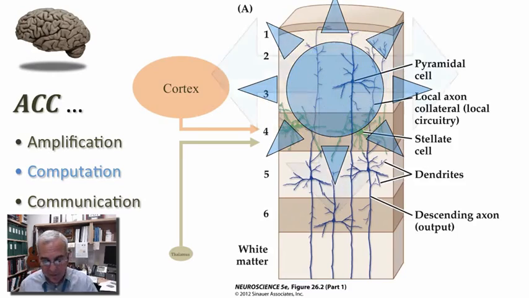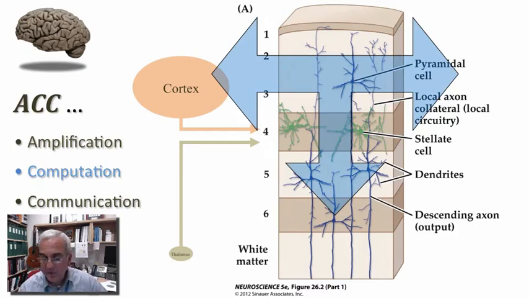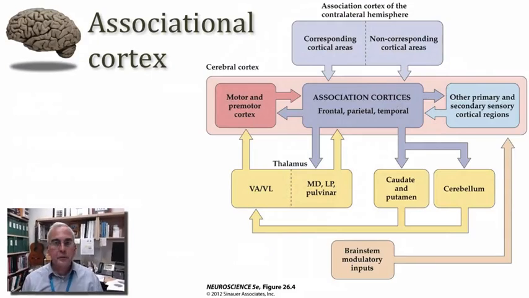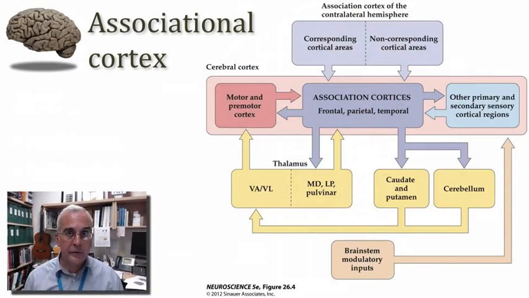And then lastly, the communication piece likewise pertains to the operations of circuits that are giving rise to long-distance projections across columns, across areas, perhaps even across the hemispheres. So I'd like to show you just an overview slide that helps to put the anatomy of the associational cortex in context.